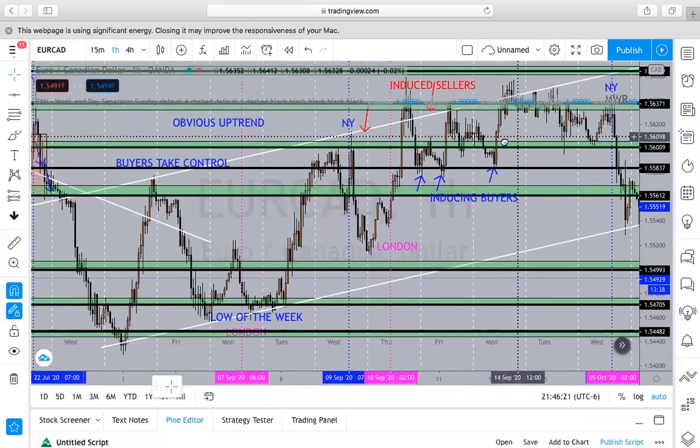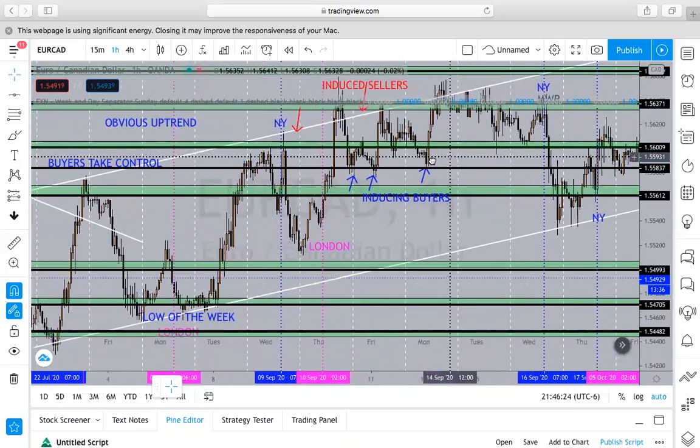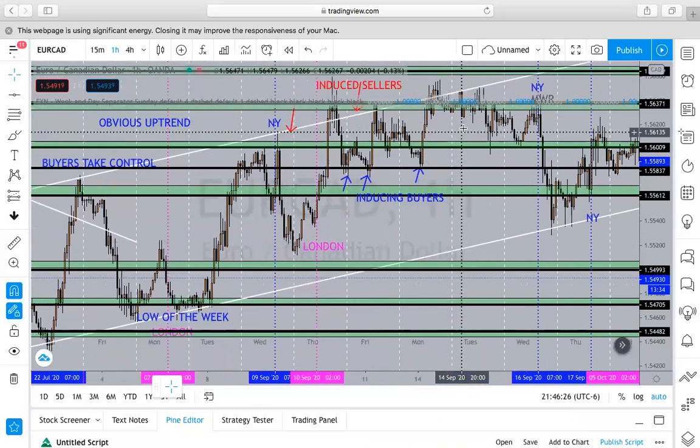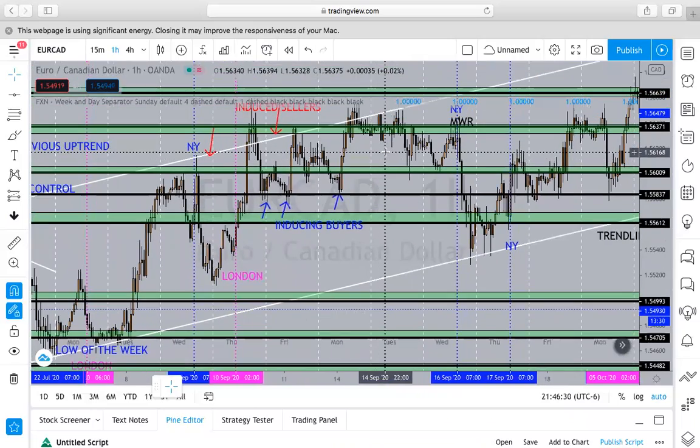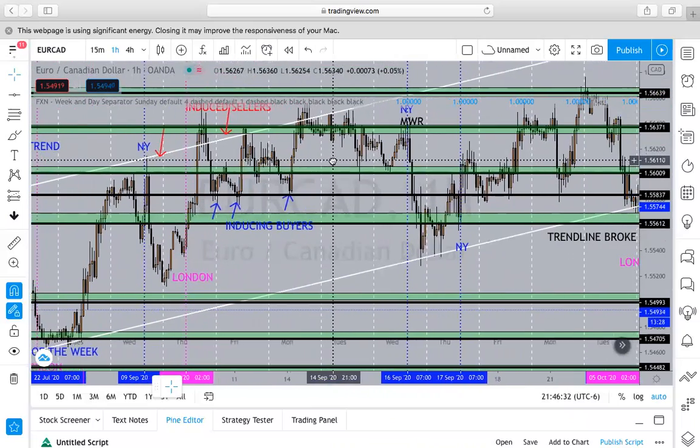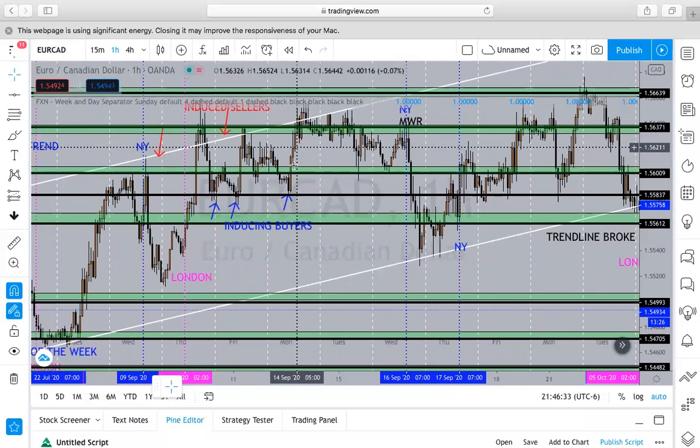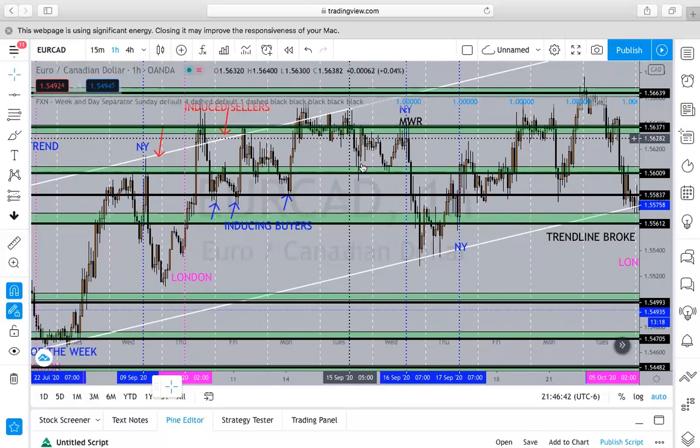So they're inducing the buyers and the sellers to take out the sellers. Like I said, they're trying to induce on both ends. They're manipulating on both ends. Trying to induce right here for the final day. Of course, it finally just breaks that zone.